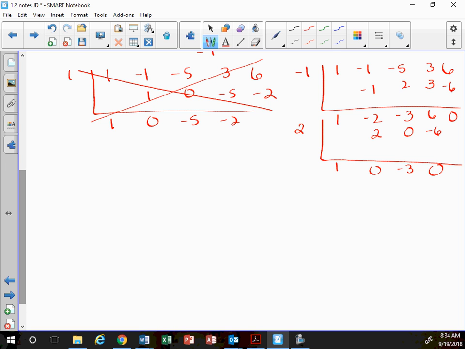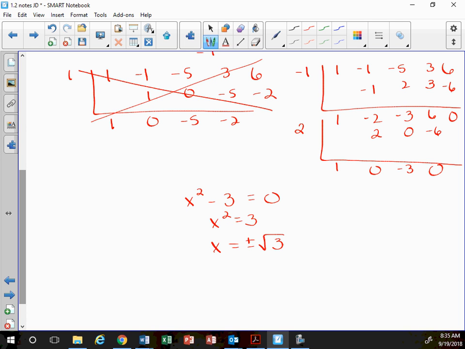So I now have x squared minus 3. Can I set that equal to 0 and solve? Yes, x squared equals 3, so x is plus or minus root 3.